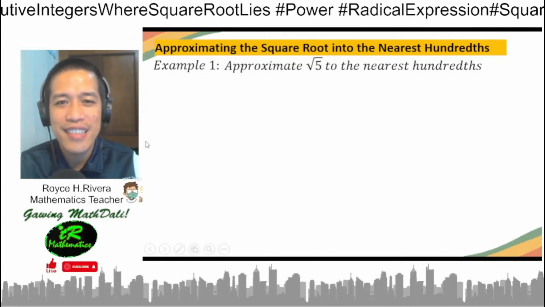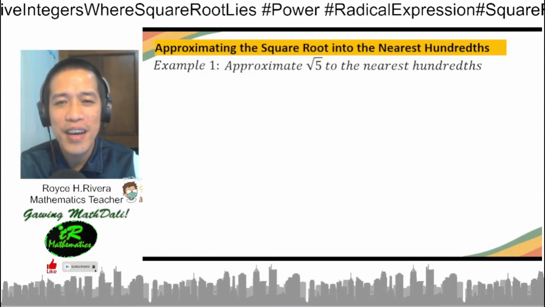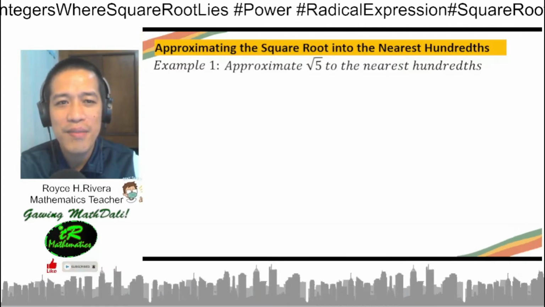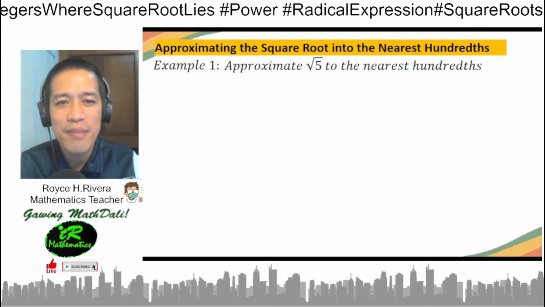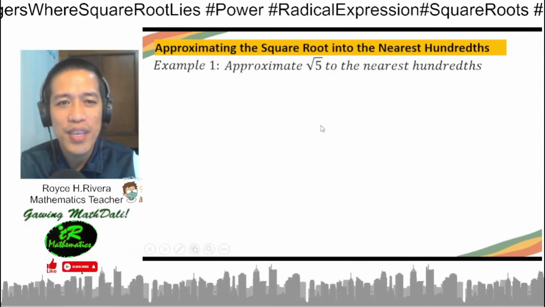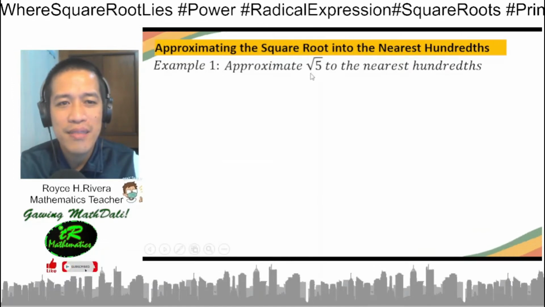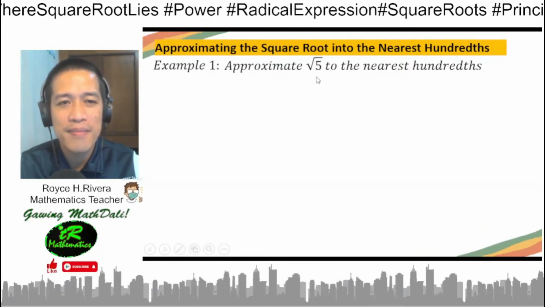Gawin natin ang step number 1. We find two consecutive perfect squares in radical form where the radical expression lies in between. The radical expression given is square root of 5.